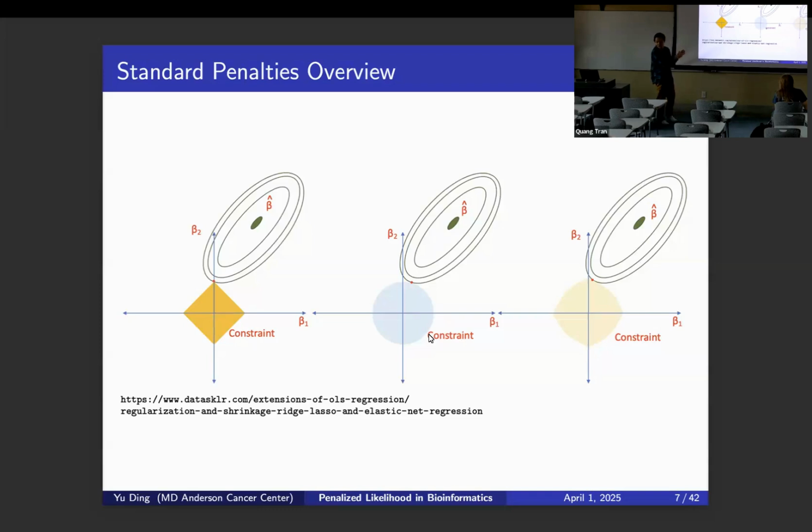The first one is kind of a square, the middle one behaves like a circle, and the third one is in the middle of these two, neither a circle nor a square. So where do these different shapes come from?